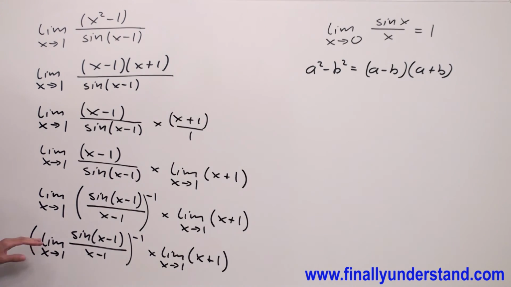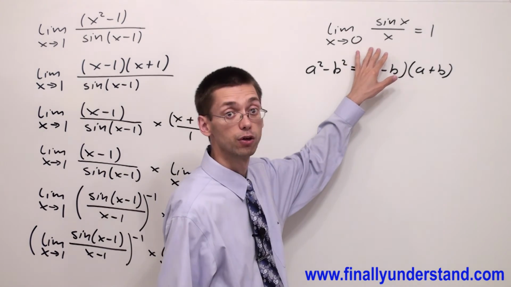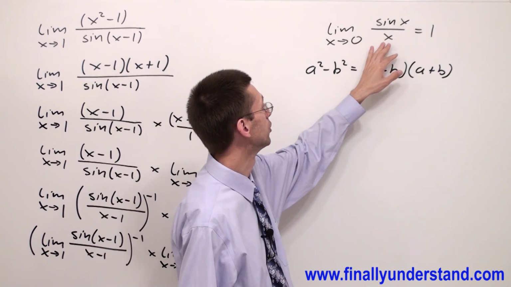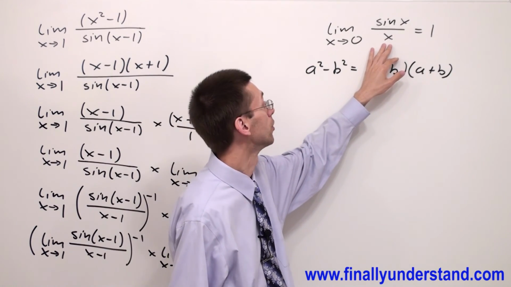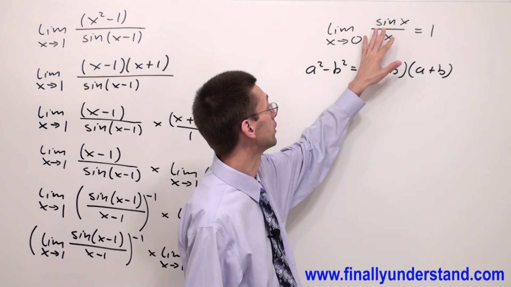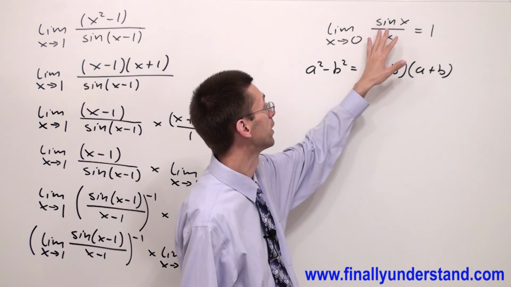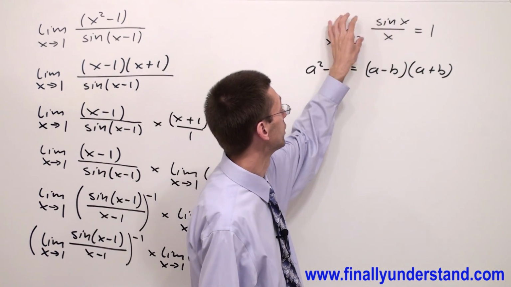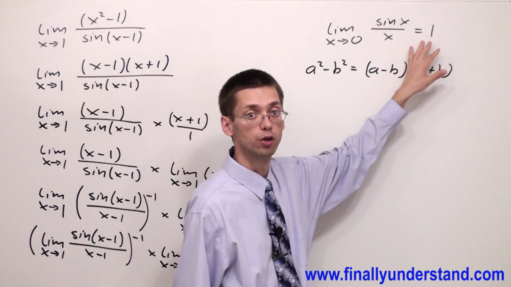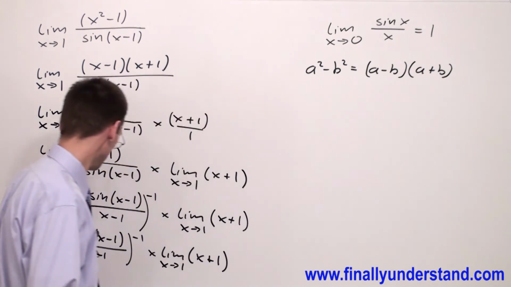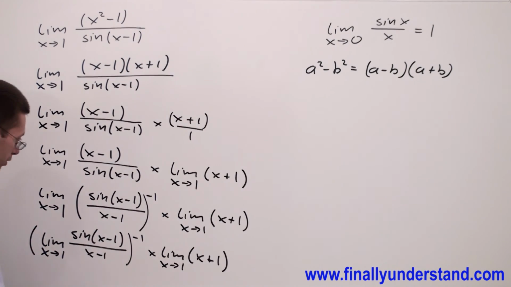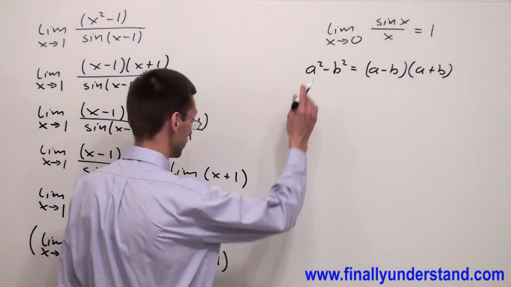That's why I have to use this theorem for this part of my problem. If x is approaching 0, my denominator is also going to approach 0, and the numerator is also going to approach 0. That's why the whole expression is going to approach 1. So I'm going to replace the content of my parentheses by 1 according to this theorem.